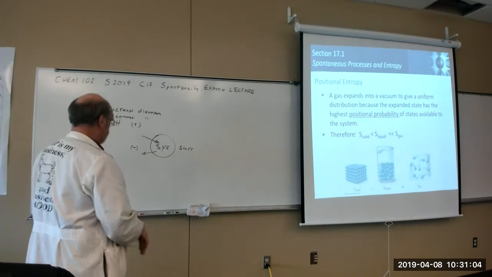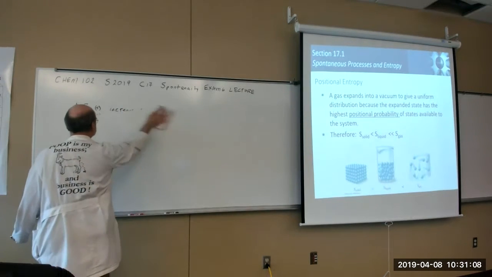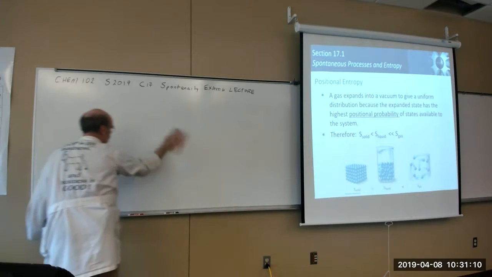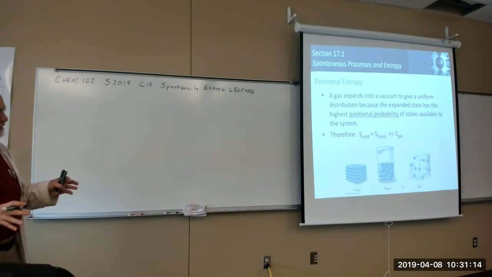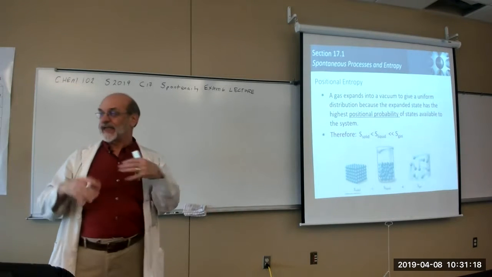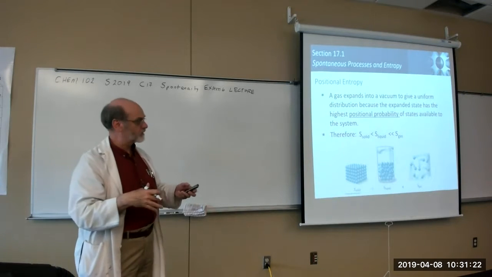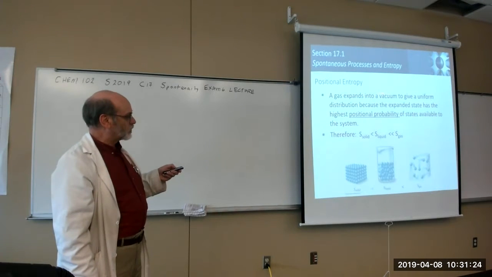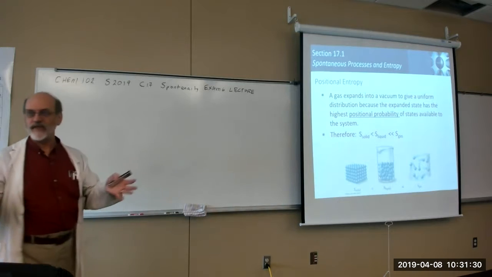Okay. So in general, we divide the discussion of entropy into two types. One, we can reference to our example of particles having their microstates. For that one, we call it positional probability or positional entropy. It just depends on where they are.